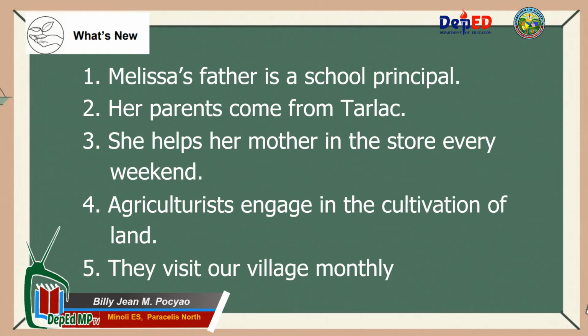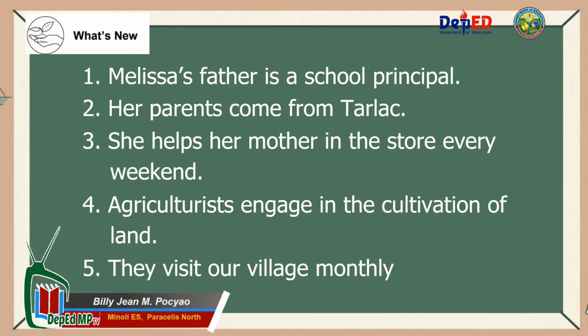Let us pick out the action word or verb in each sentence. In number 1, the action word is is. Number 2, come. Number 3, helps. Number 4, engage. And in number 5 is visit. Let us go back to the sentences that we read.